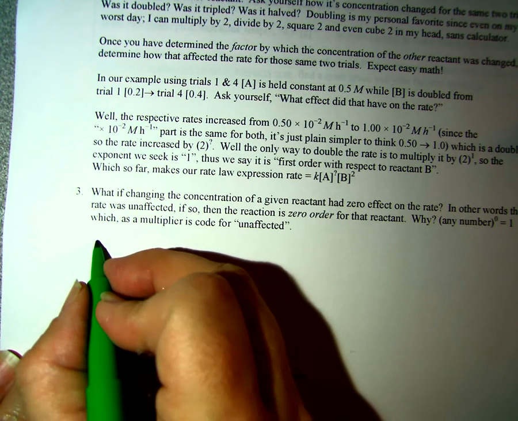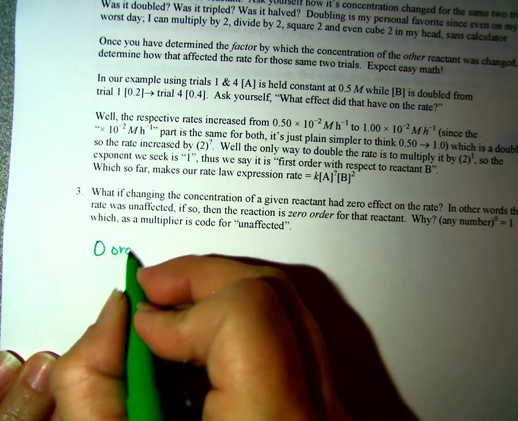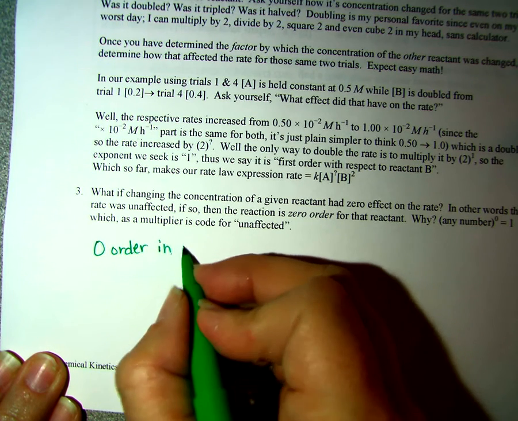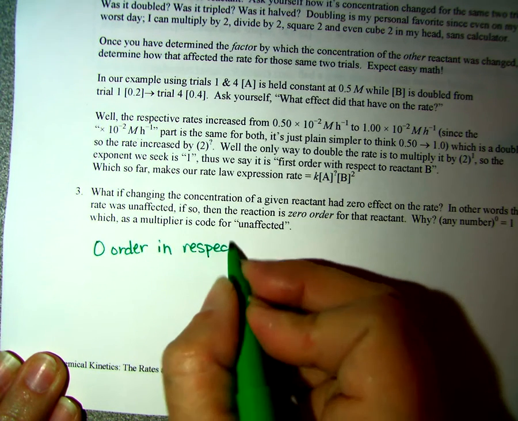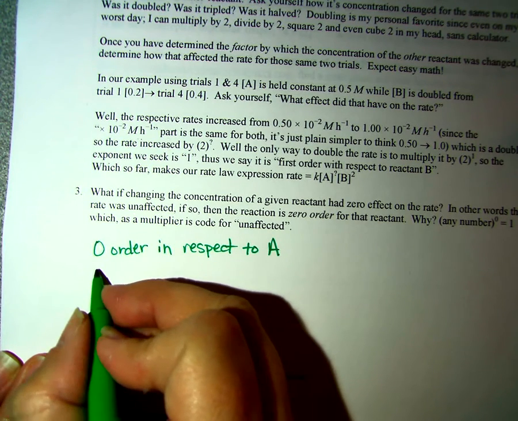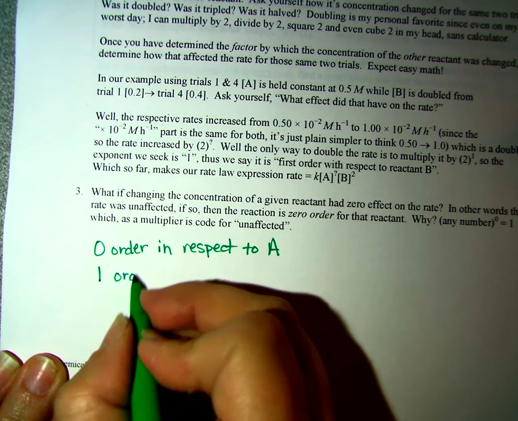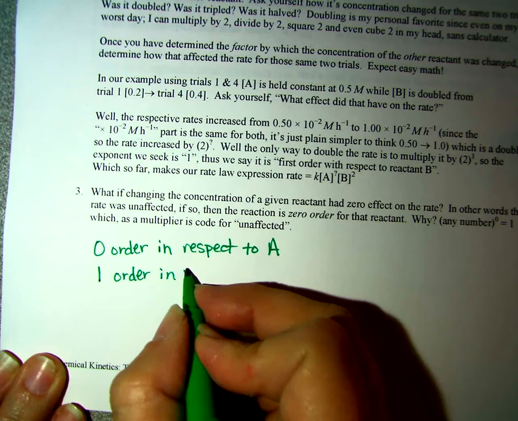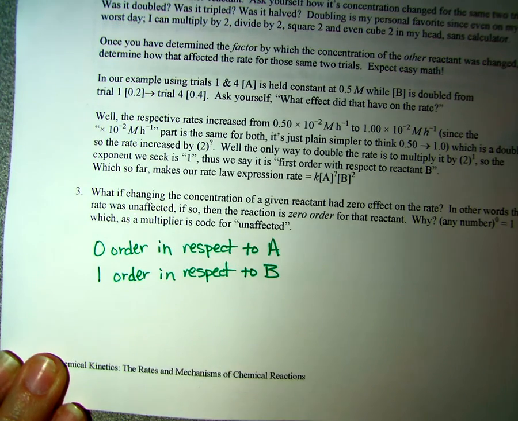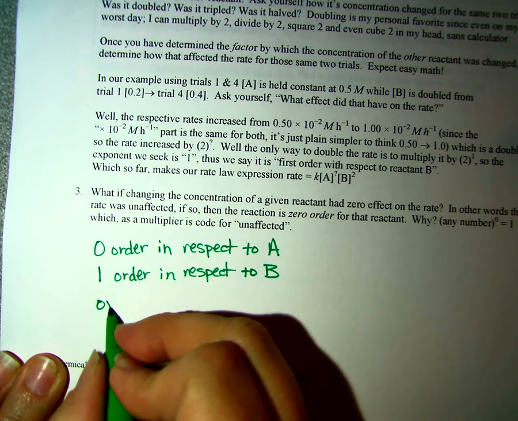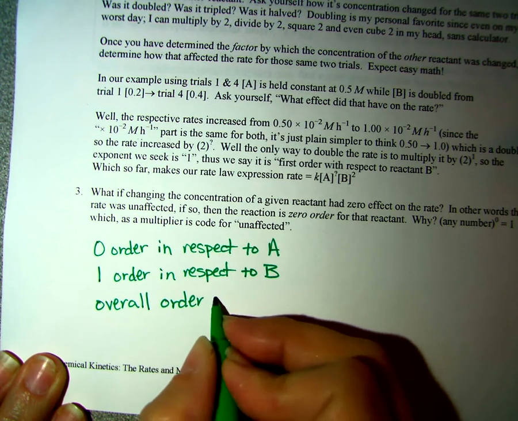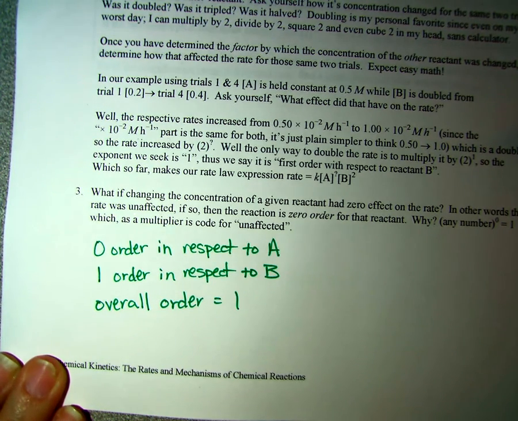It is 0 order with respect to A. What is it with B? First order. First order with respect to B. And what is the overall order? 1. Overall order is 1, because 1 plus 0 is 1.